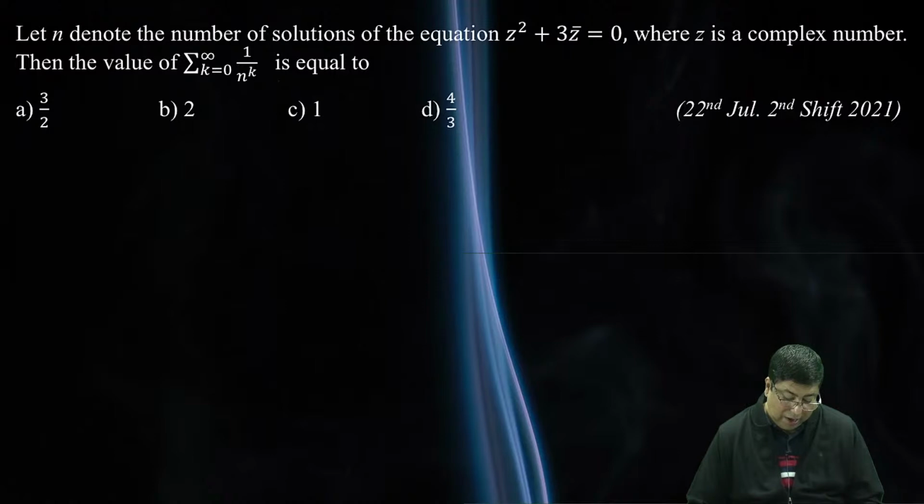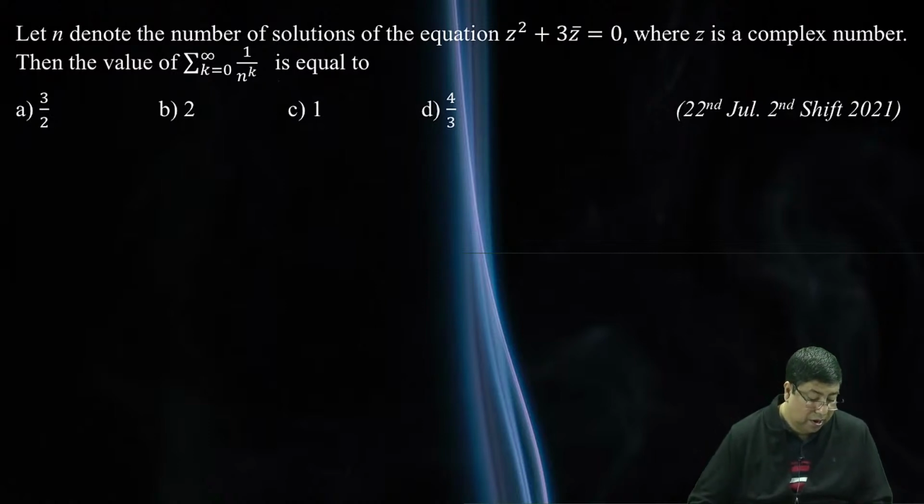One more question. Let n denote the number of solutions of the equation z square plus 3 mod 3 z bar. Then find the value of summation k equal to 0 to infinity 1 by n to the power k. So what to be done here?